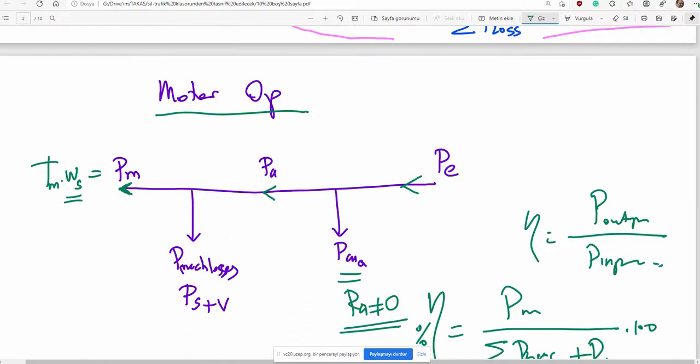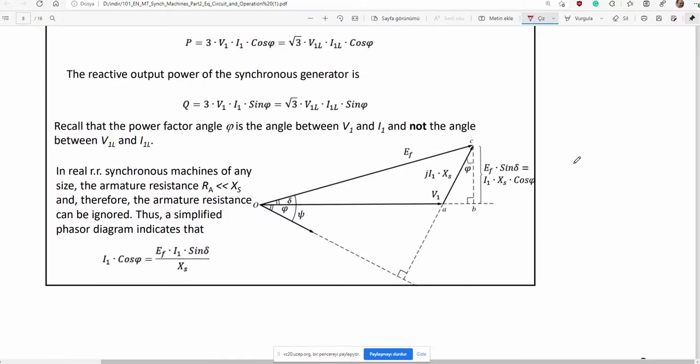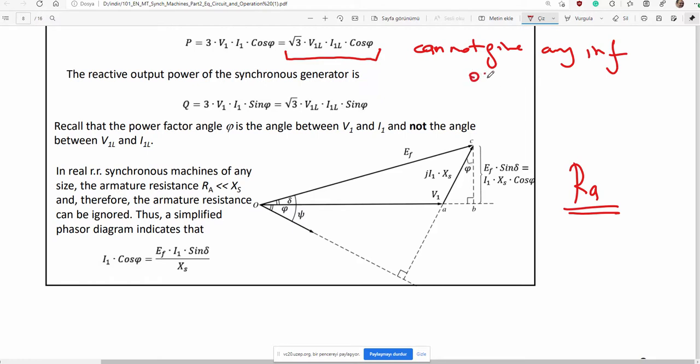Okay, and then today, here is the power. In the previous course we calculated induced power by neglecting armature resistance. We used a phasor diagram to make some substitution, because such an equation cannot give any information about stability.